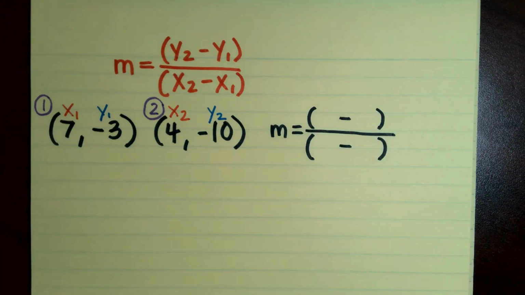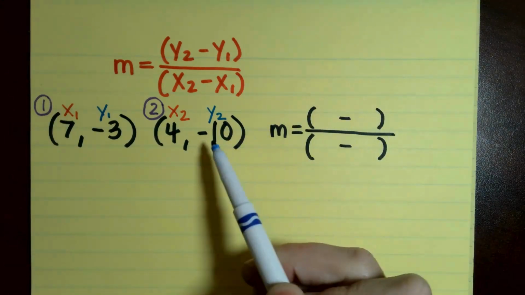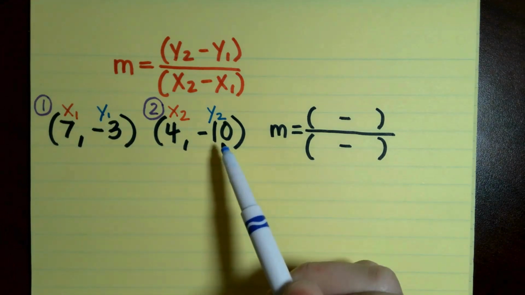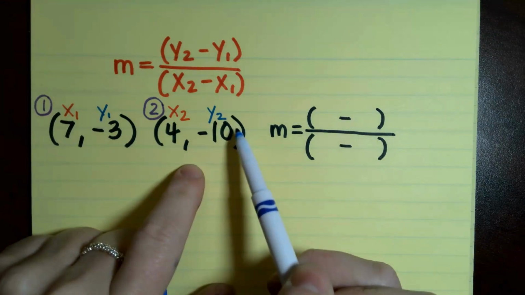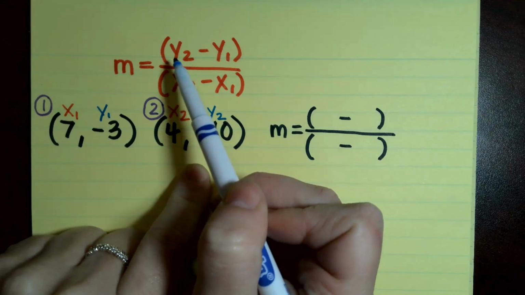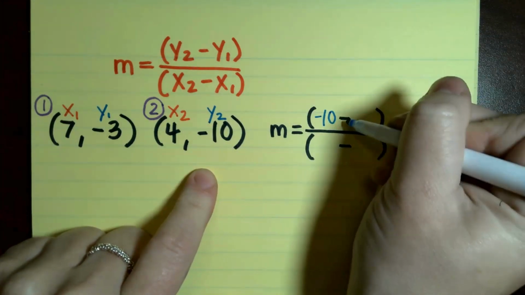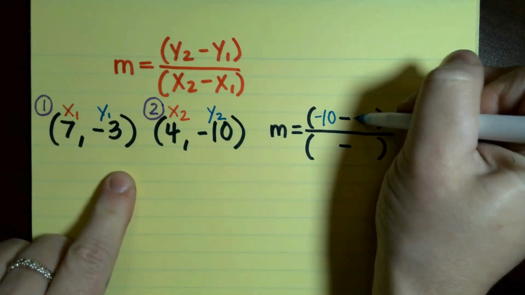We're starting with our y values. Negative 10 minus negative 3. Yes, we decided to name this our y2, and we do y2 first. So we're going to do negative 10 minus, and then we're going to put our negative 3 here.